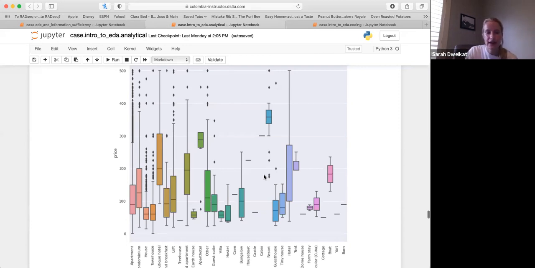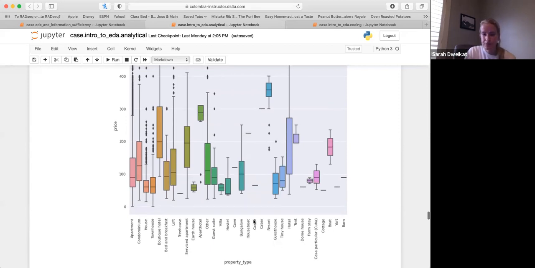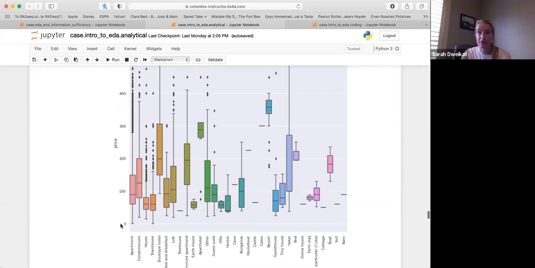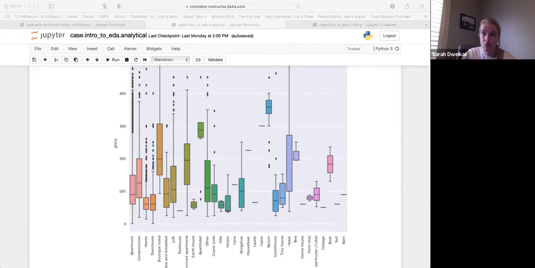Here, when we break it down by the property type, we do see a lot of variation. So this can help us to explain, like we talked about before, why we didn't see a super strong relationship in terms of the correlation number.